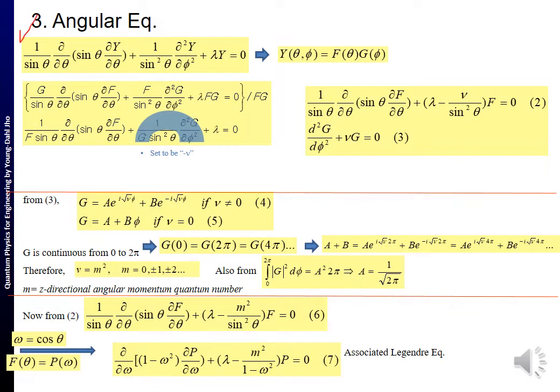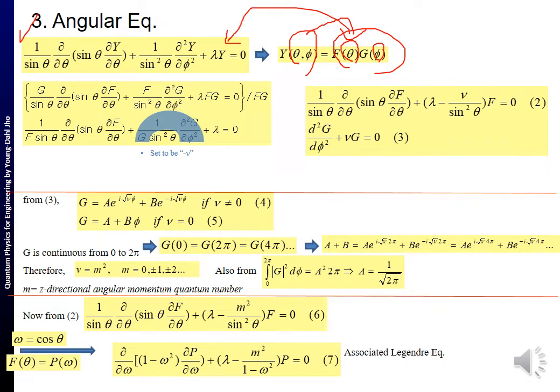So this is the angular equation part, and Y is also a function of zeta and phi. So let's separate them, like F, a pure function of zeta, and G, a pure function of phi. Put it into here, and then we go through similar procedures.